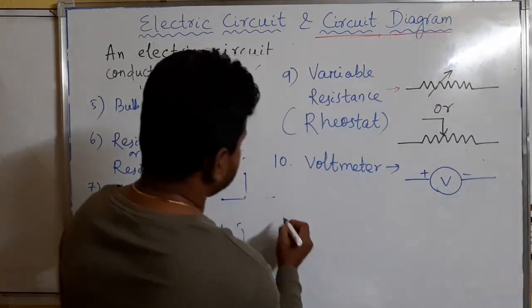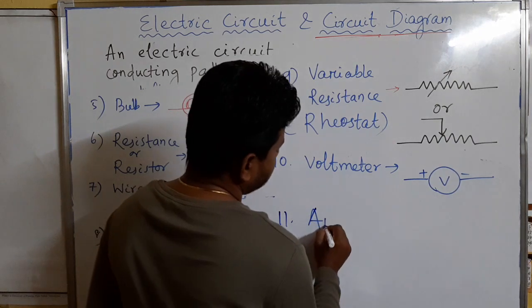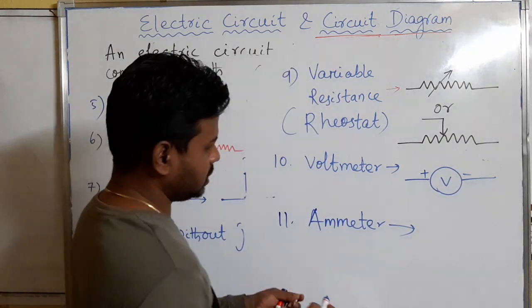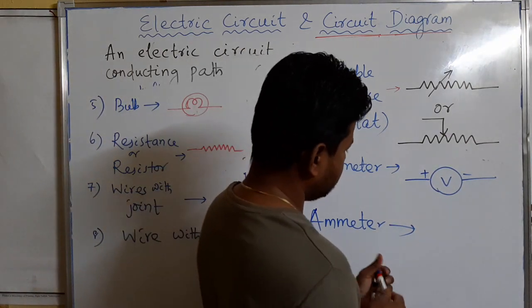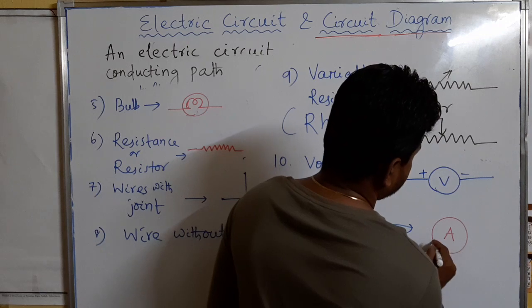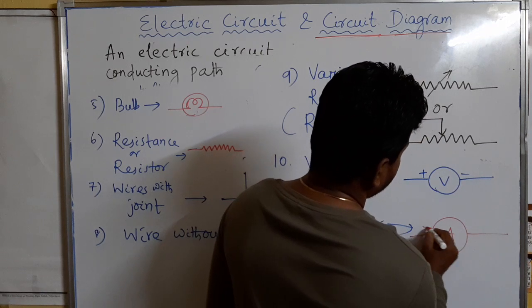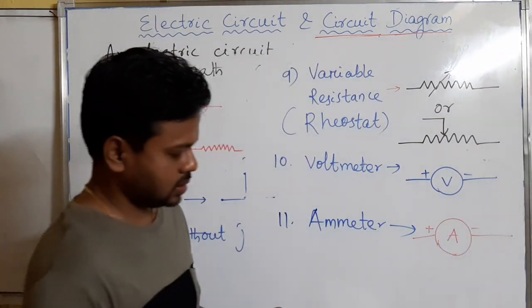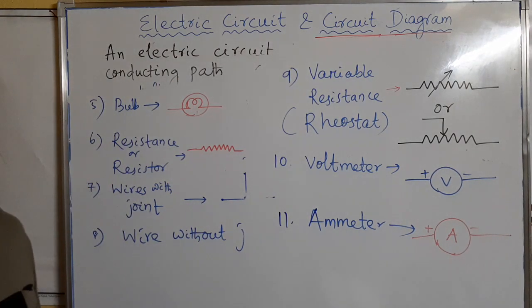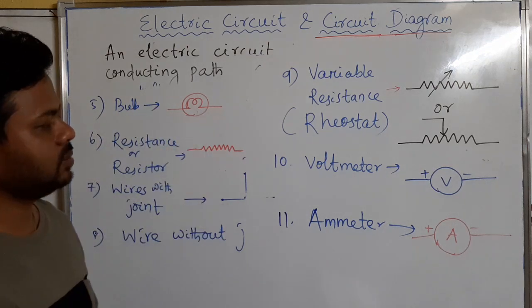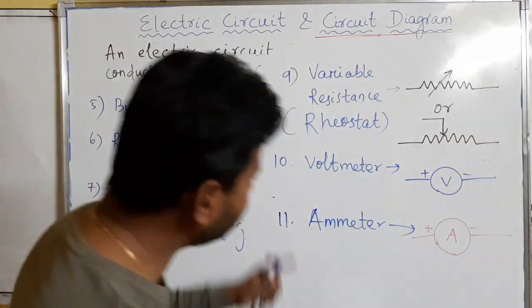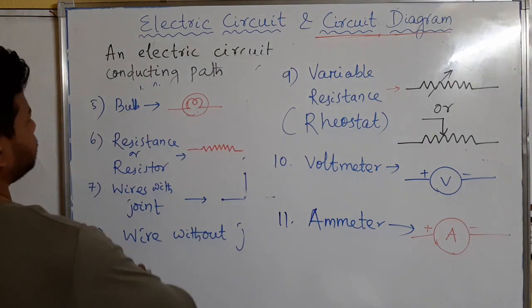Then the last one is ammeter. Ammeter is symbolized as A, with plus and minus. So these are the different electrical components with their symbols, and these symbols are used in circuit diagrams. While making a circuit diagram we use these symbols.